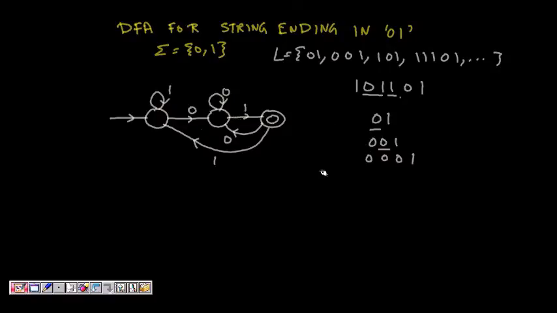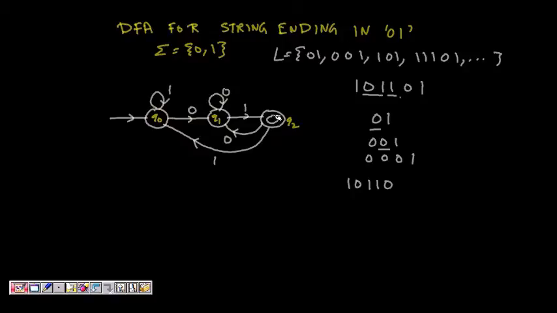Now let's see something like 1 0 1 1 0. Will it be accepted? Let's try. I start at Q0. On getting 1, I'm at Q0; on getting 0, I'm at Q1; on getting 1, I'm in the final state, but I have not processed the complete string.